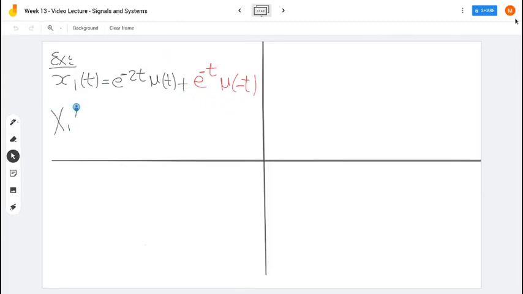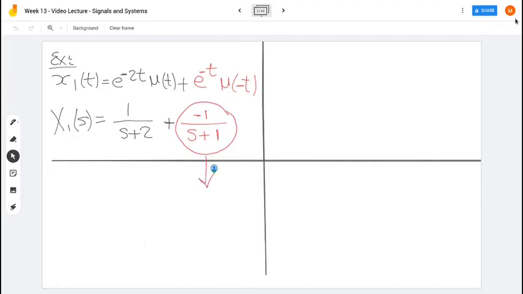So x1 of s will take the form: the first term will be 1 over s minus minus 2, which is s plus 2, and the second term will be minus 1 over s minus minus 1, which is s plus 1. And the region of convergence for this term, because it's a left-sided signal, will be a left-sided ROC, which is basically the real part of s less than minus 1.